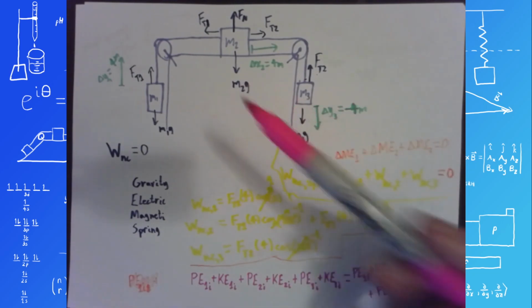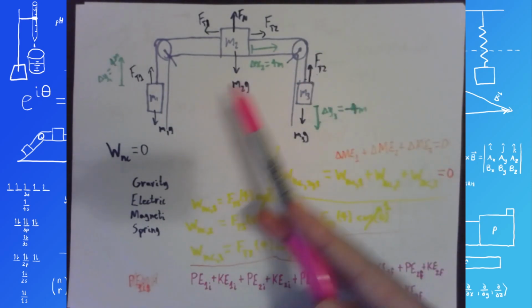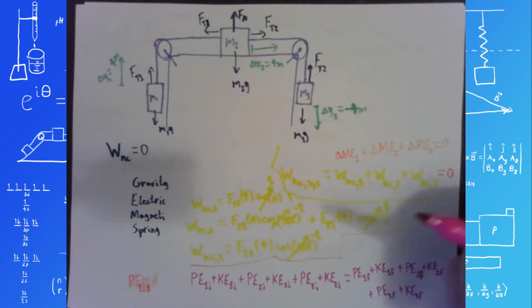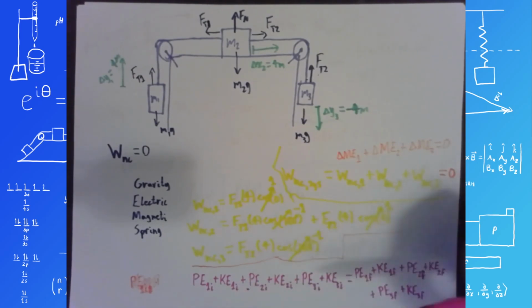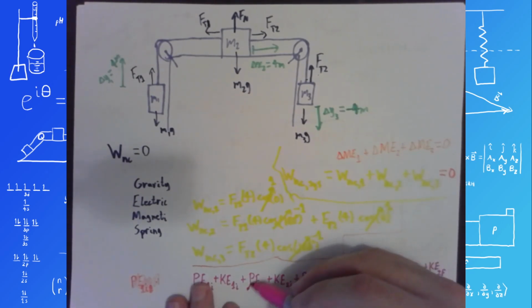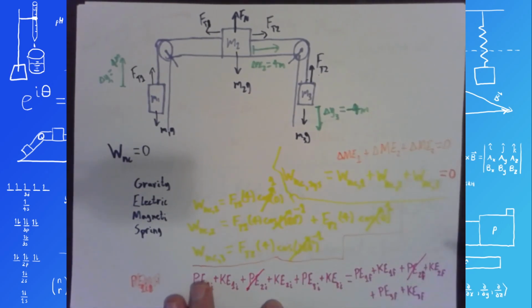For object 2 in particular, it's not going to experience any change in height, so potential energy initial for object 2 is going to be equal to potential energy final for object 2. So these are going to cancel out because they're equal to each other.